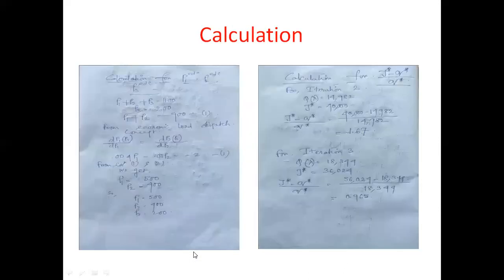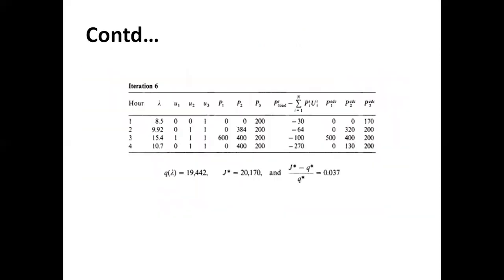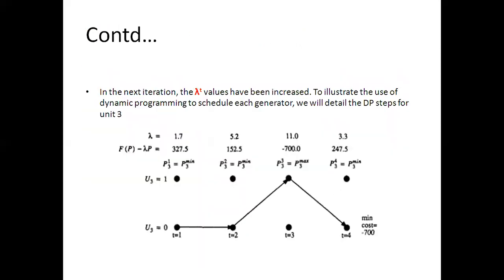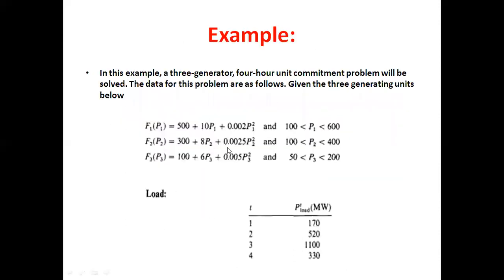That is the calculation for the q lambda in the second iteration. We are concentrating on units 2 and 3. This is the general equation for units 2 and 3. These are the two equations that we have got, for unit 2 and unit 3.